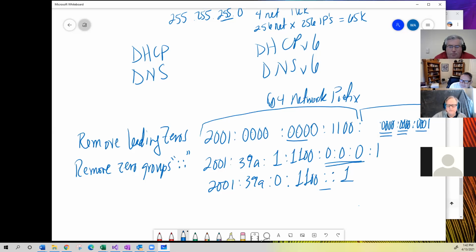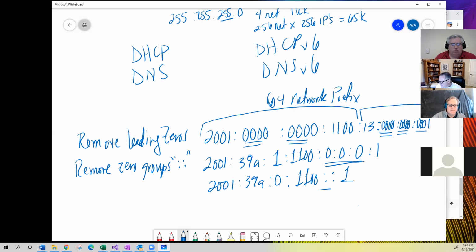And then you can elect to use the double colons. And you're saying that you should replace the section of zeros that has the largest number of those individual pieces, like those 3 zeros that you show up there. So yes, I got it.